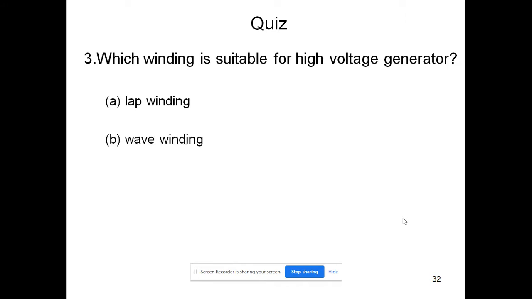The options are A lap winding, B wave winding, C both, and D none of the above. What will be the answer? Yes, the answer is wave winding.